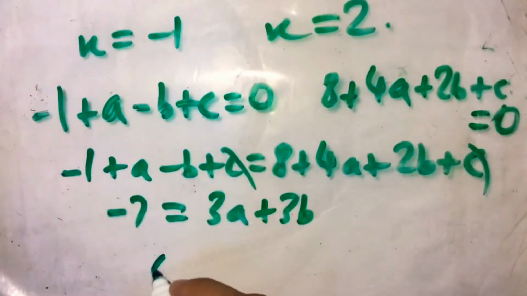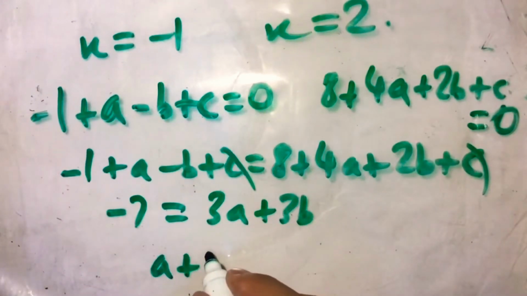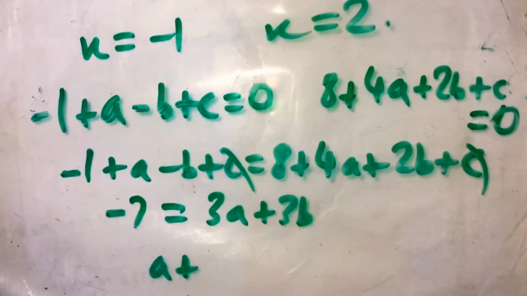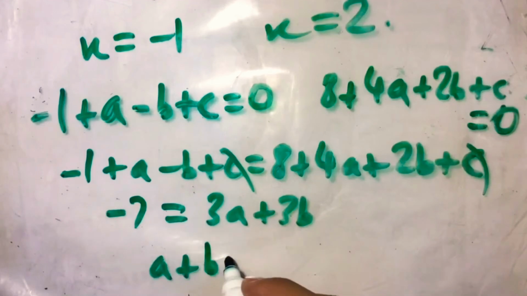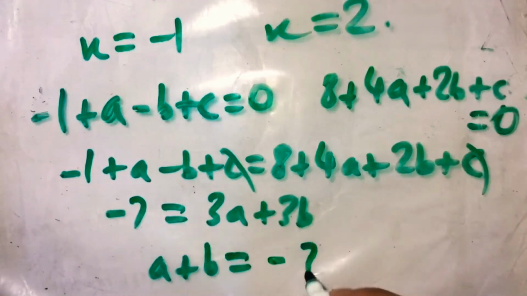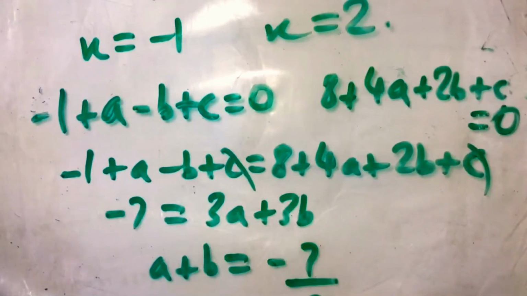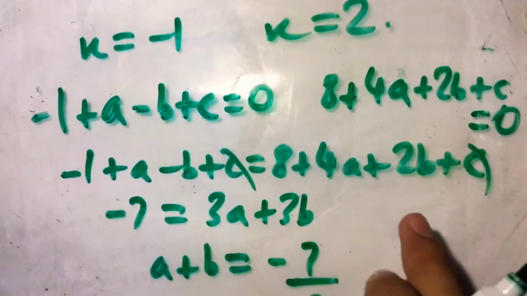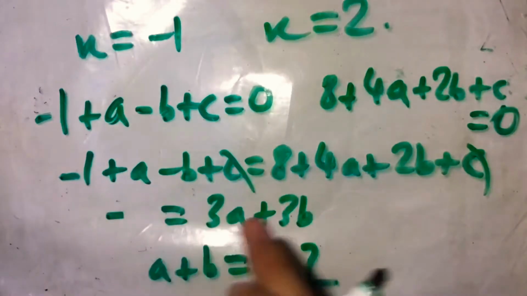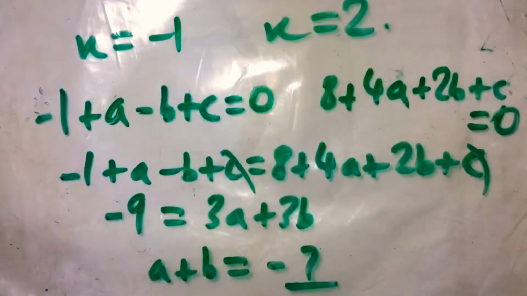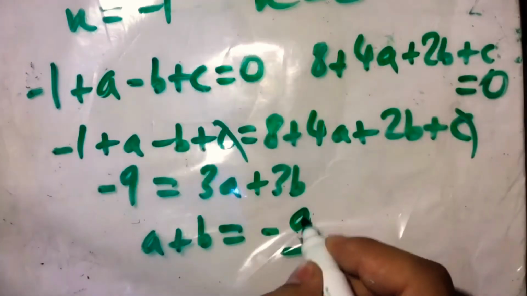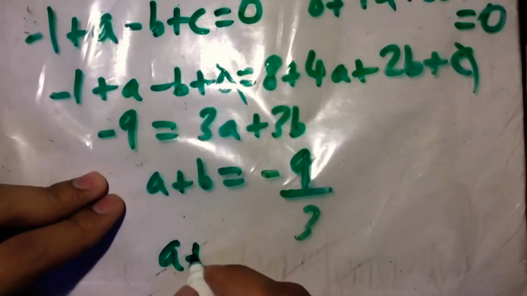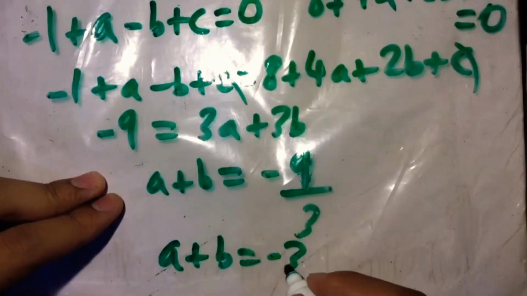We'll take 3 common. In fact, when 8 is moved over here, this will become -1 minus 8, so -9. So -9 upon 3. Therefore, a plus b equals -3.